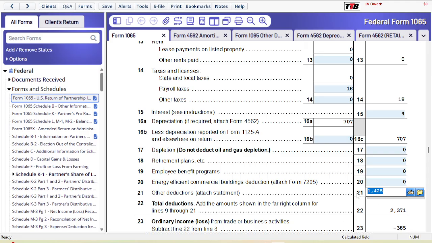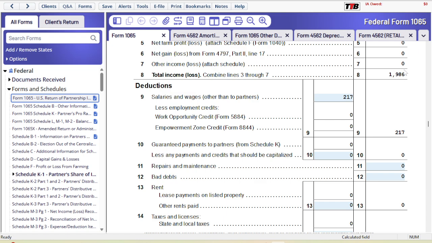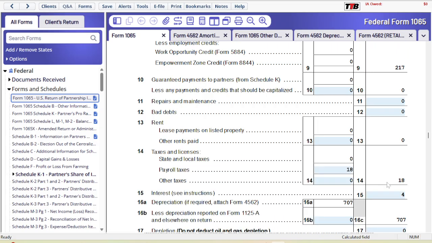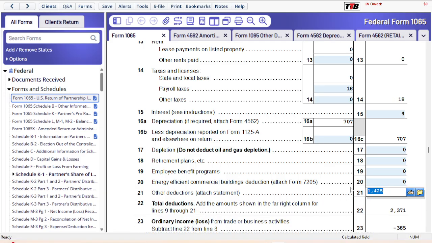So it's line 21. Now line 22, total deduction is going to be the subtraction between the gross revenue or the gross profits minus the payroll, minus payroll tax, minus interest, minus depreciation, and minus other deduction.